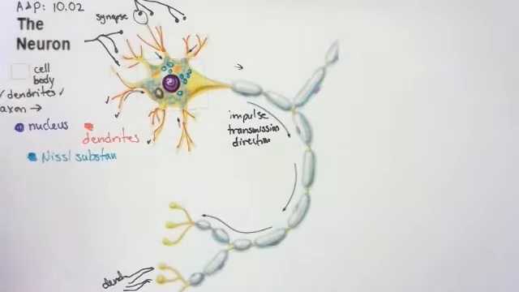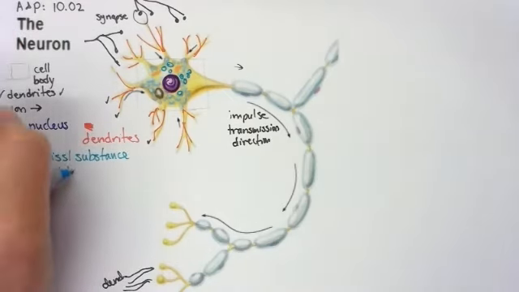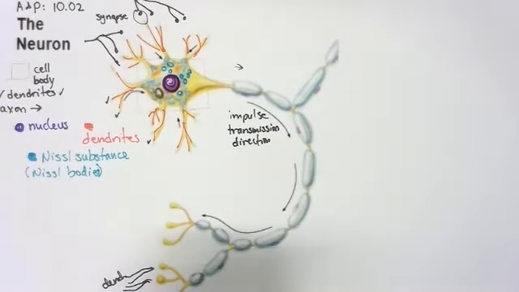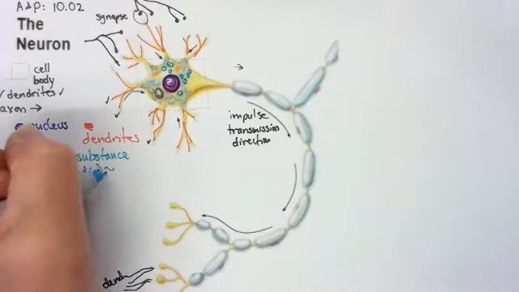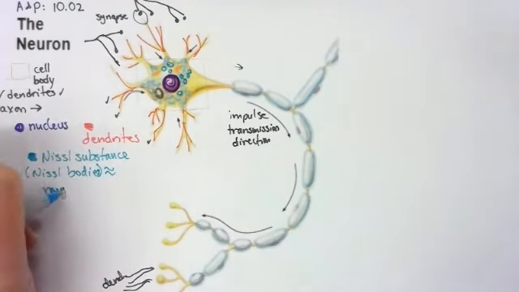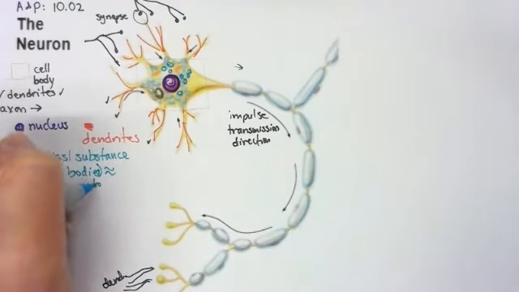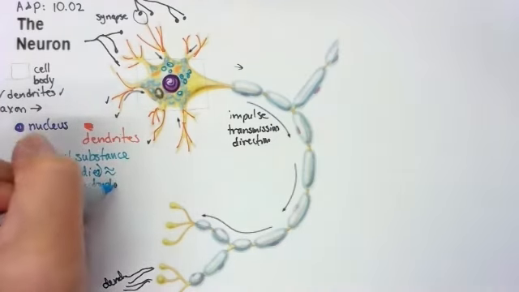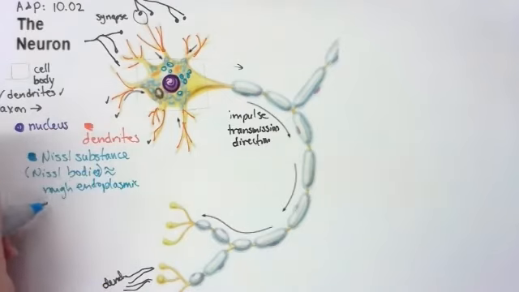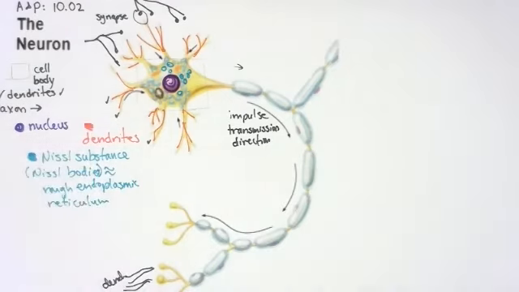It's called both. And this is the equivalent of the rough endoplasmic reticulum, so it's a little bit different in a neuron than it is in a regular epithelial cell or any other kind of tissue.